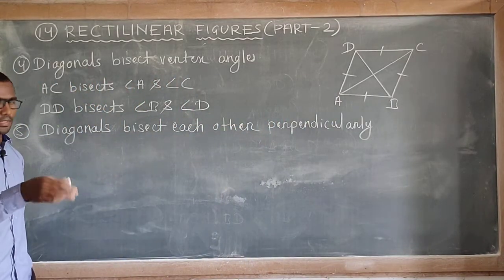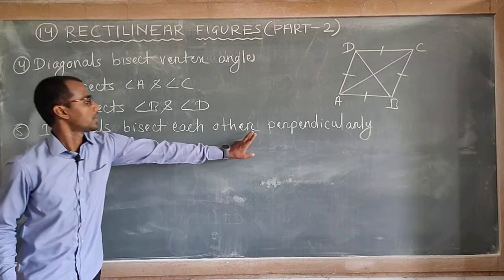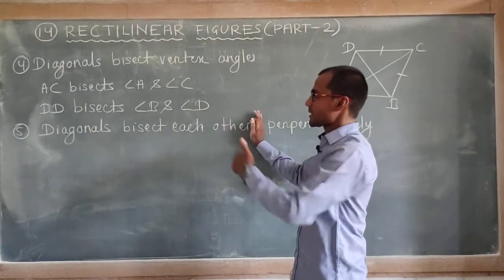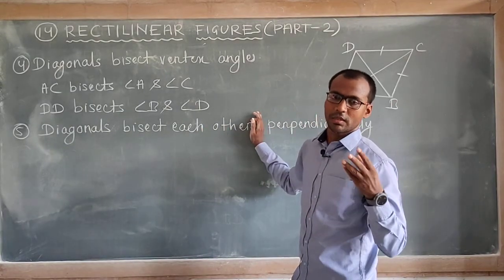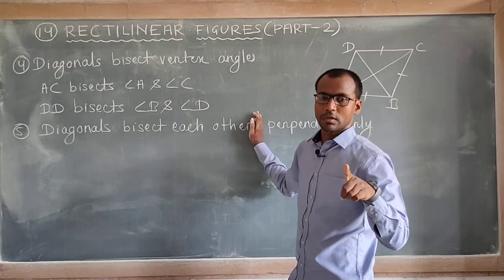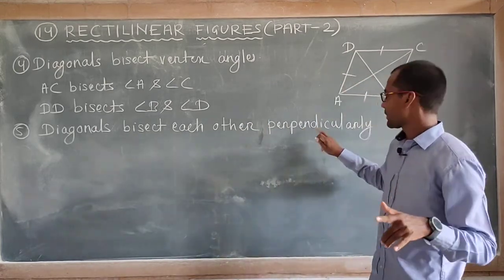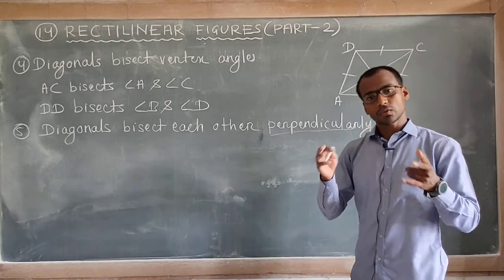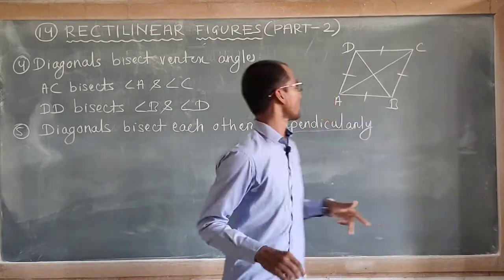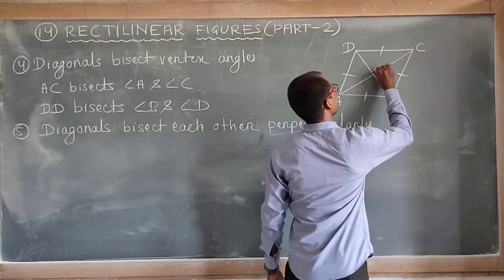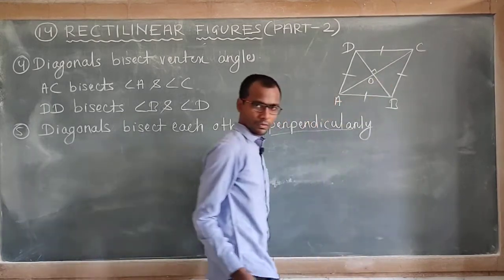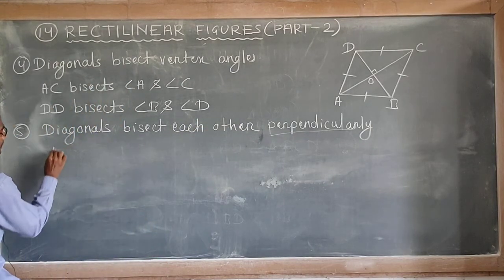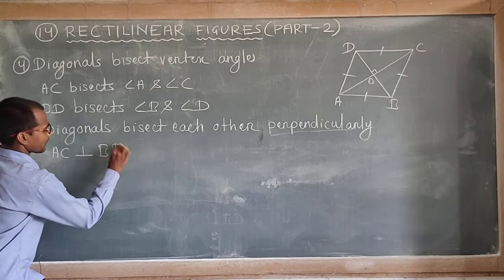You can recollect this property till this, not this one, not this one, okay, till this. Diagonals bisect each other. This property was in case of a parallelogram also and a rectangle also, but perpendicular was not here. This special extra is in rhombus. So diagonals will bisect each other and also they will be perpendicular to each other. That means this will be 90 degree. Suppose this is O, okay. So AC will be perpendicular to BD.